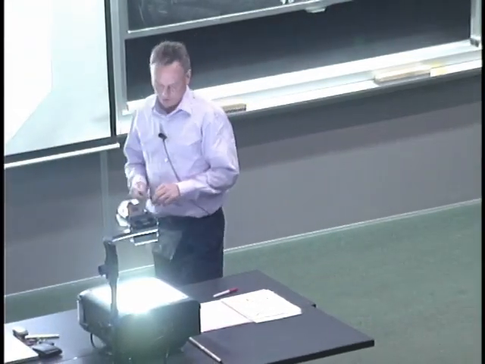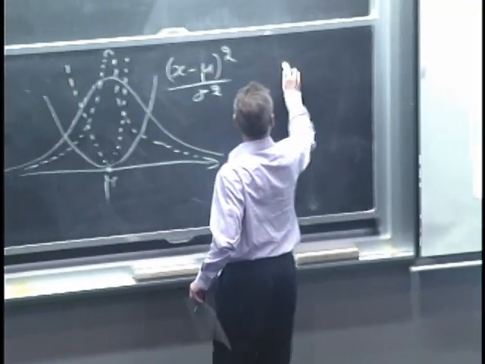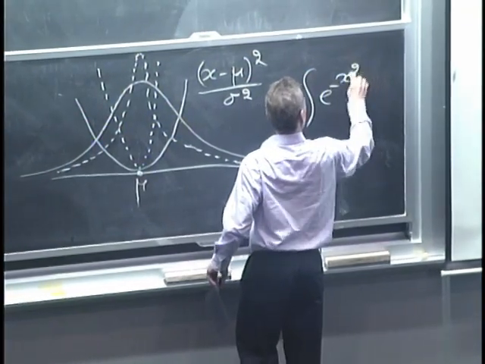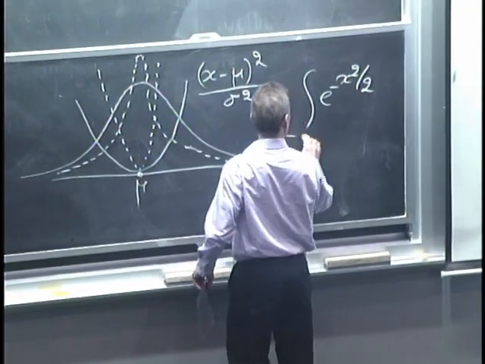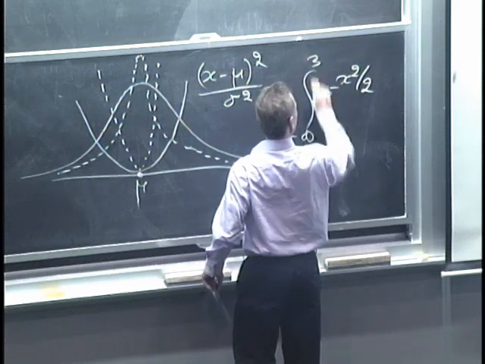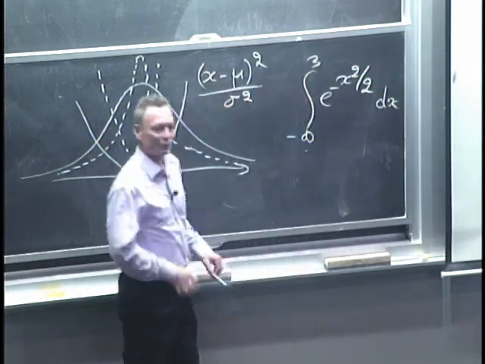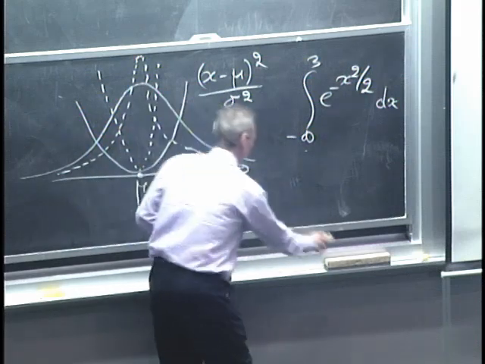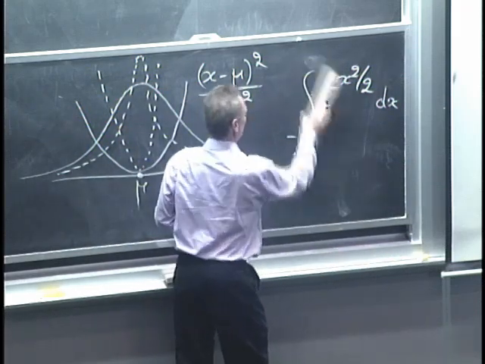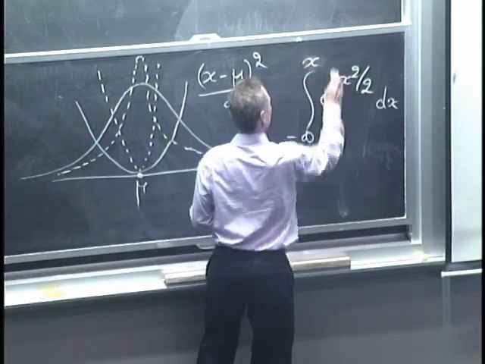Unfortunately, the integral of the expression that shows up, an integral of this kind from, let's say, -infinity to some number x bar, is something that's not known in closed form.